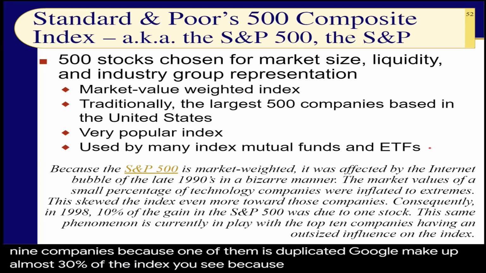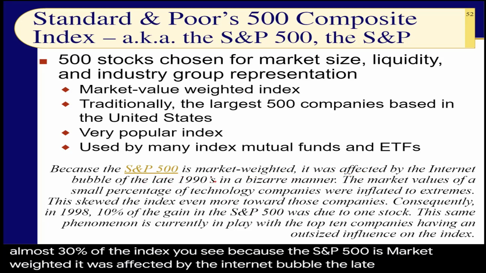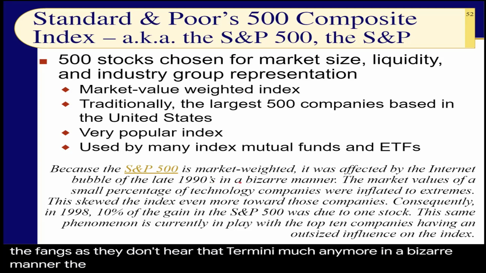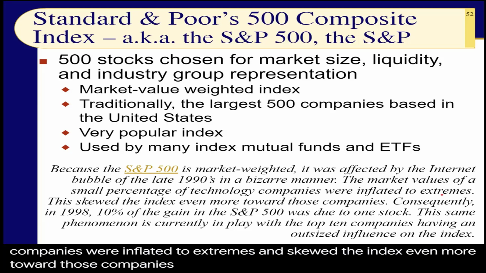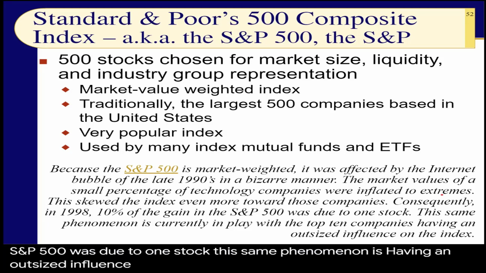You see, because the S&P 500 is market weighted, it was affected by the internet bubble of the late 1990s, and now the FANGs, we don't hear that term much anymore, in a bizarre manner. The market values of a small percentage of technology companies were inflated to extremes and skewed the index even more toward those companies. Consequently, in 1998, 10% of the gain in the S&P 500 was due to one stock. This same phenomenon is currently in play with the top 10 companies having an outsized influence on the index.